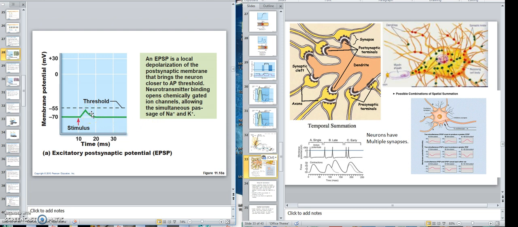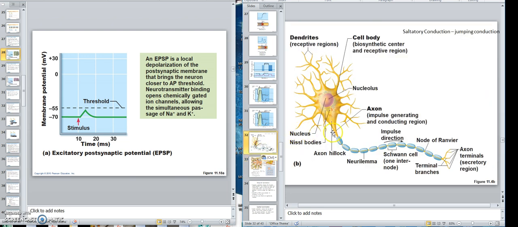Now, this is happening though at one synapse. And in a neuron, the voltage gates don't start until the axon hillock. The synapses are back here at the dendrites and cell bodies usually, and they're using graded potentials.